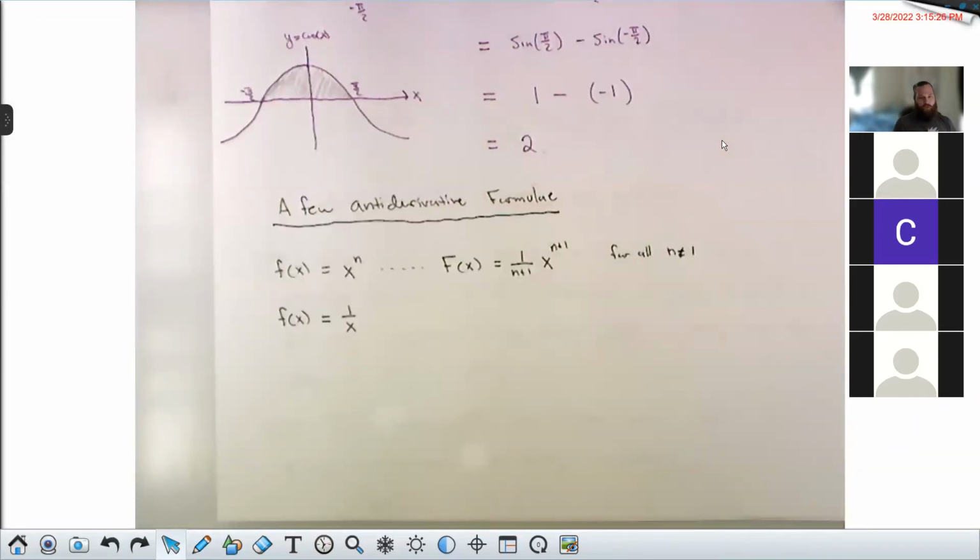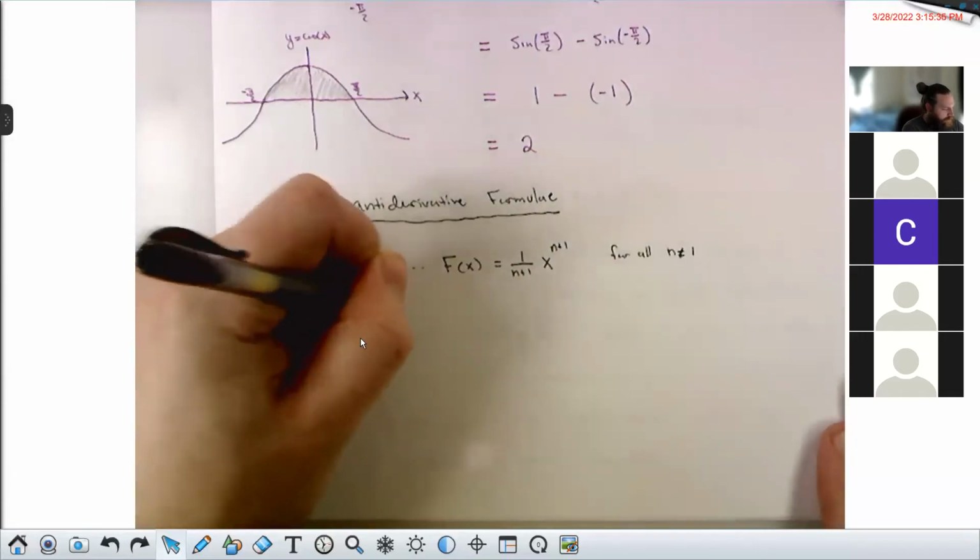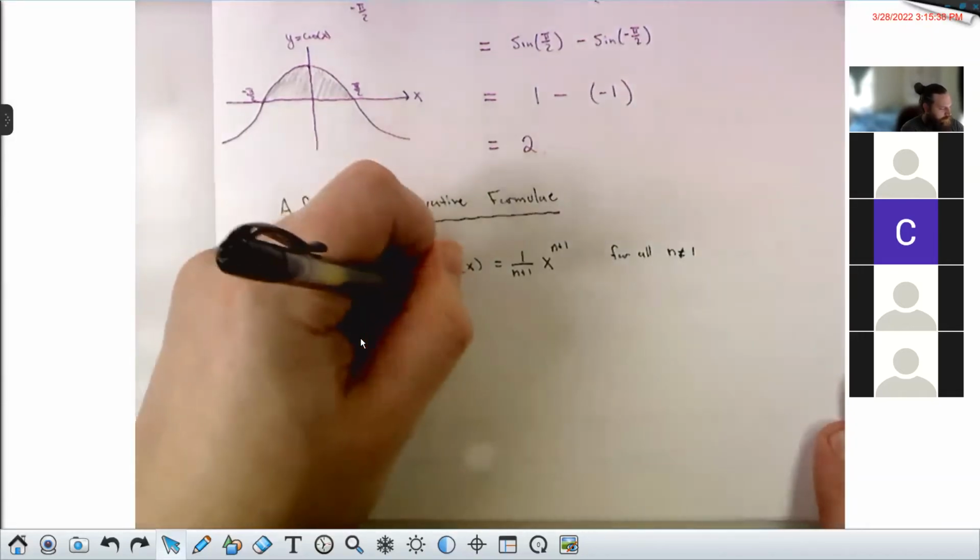If n is equal to -1, then you're looking at the function x to the -1, which is 1 over x. Who has 1 over x as his derivative? Or what would be an antiderivative for 1 over x?